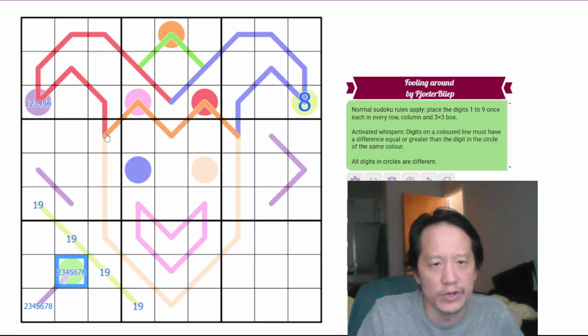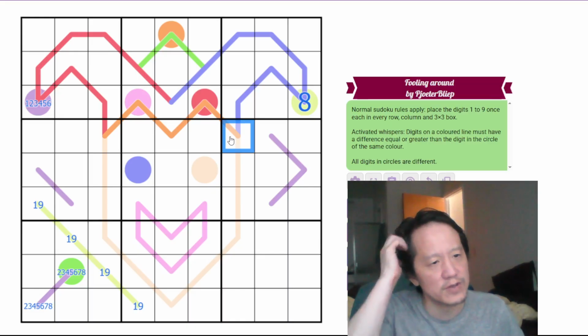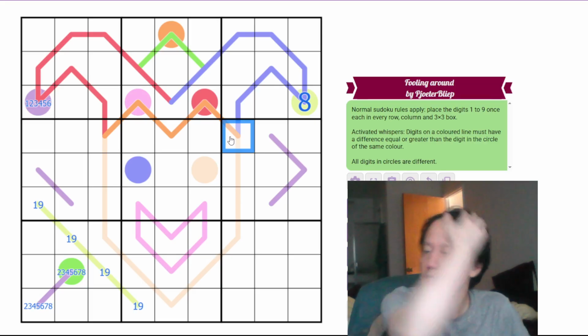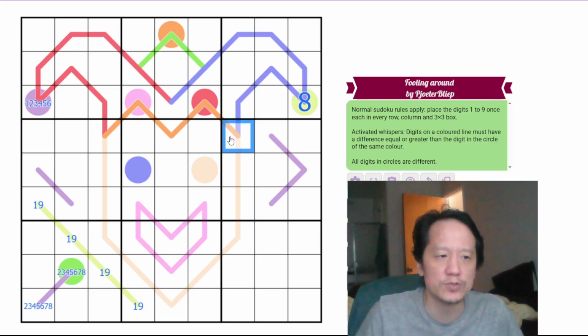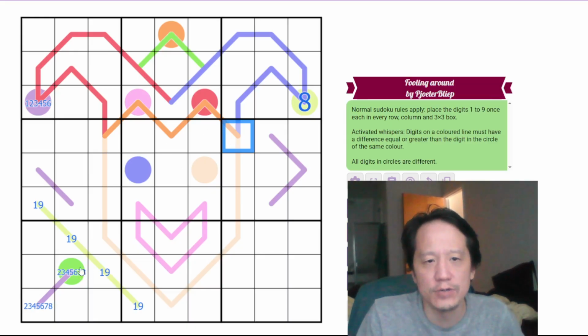If it's orange, these cannot be 8, so this is a 1, 2 pair. That's interesting. Oh, but this can't be, so yeah, these would have to be the same set. And that's not possible for just a difference of 7, because you can't have 3 high digits or 3 low digits with a difference of 7 between those and other digits on the line. So it cannot be orange.